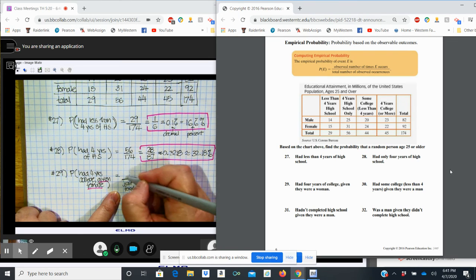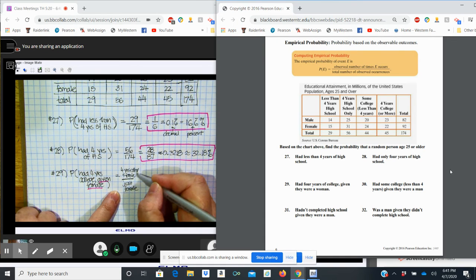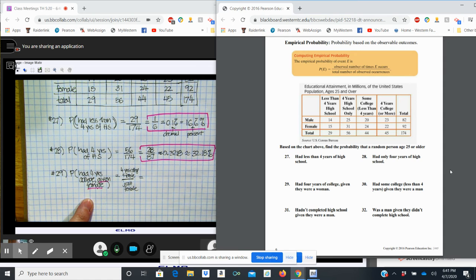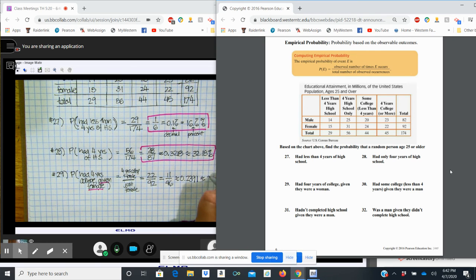On the numerator, I'm going to look at 4 years of college and female, but the denominator, I just want the females, because given female tells me I'm ignoring the male population for this one. So this would be 22 out of 92, which should reduce. 11 out of 46, which is 0.2391, or about 24%.